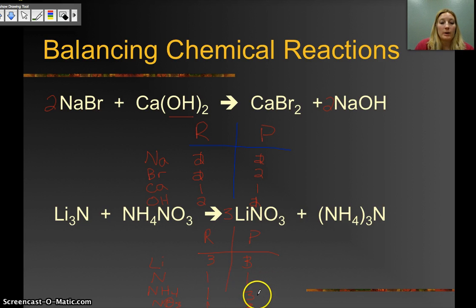We have 1 and 3 ammoniums. So to get 3 over on this side, we need to put a 3 in front of where our ammonium is. So now we have 3 ammoniums, and that also changes our nitrate. So now we have 3 nitrates on our reactant side. So 3 and 3, 1 and 1, 3 and 3, 3 and 3. It's balanced. It's a happy little reaction.